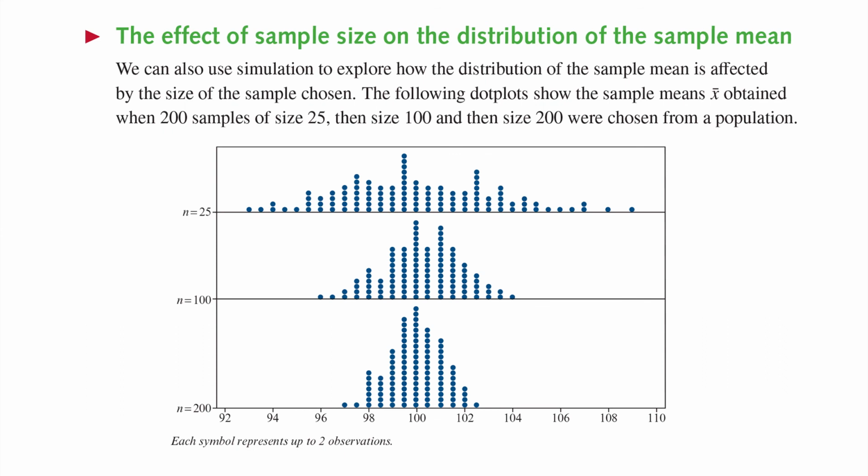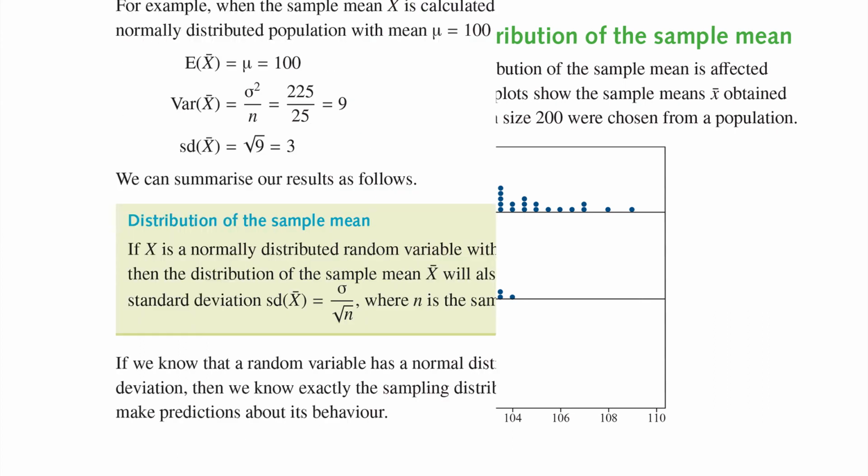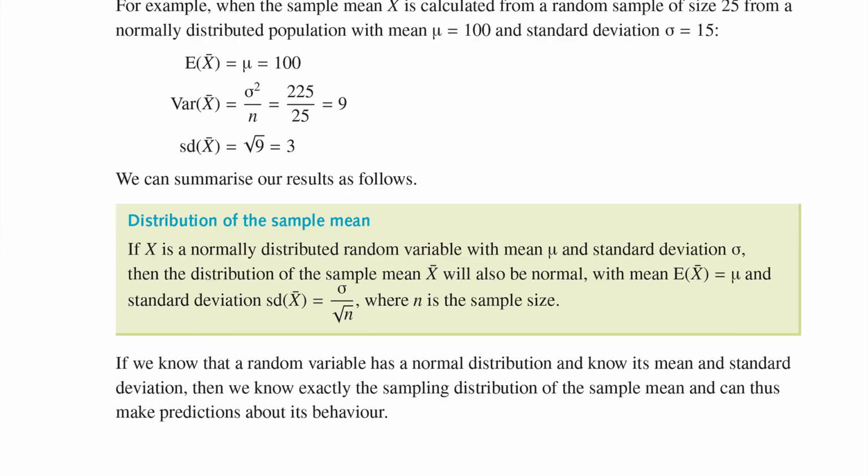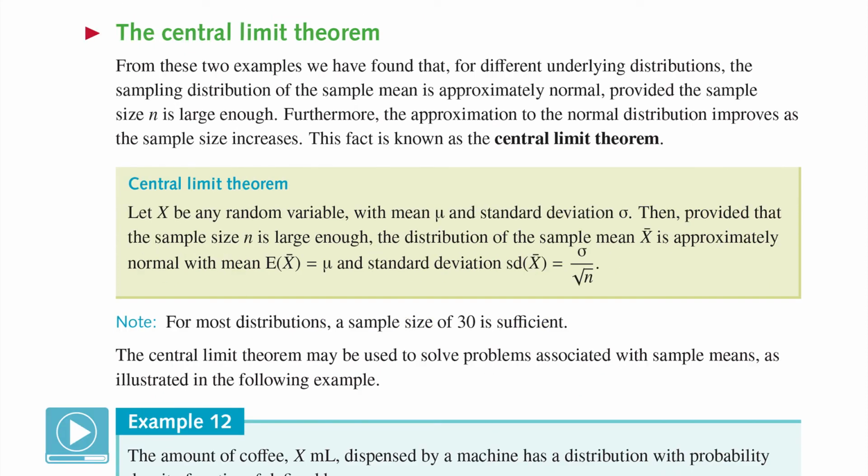We can then look at how the distribution is affected by sample size. It says here that you can approximate the sample mean by a normal distribution having a mean of mu and a standard deviation of sigma over root n. The central limit theorem is very important.